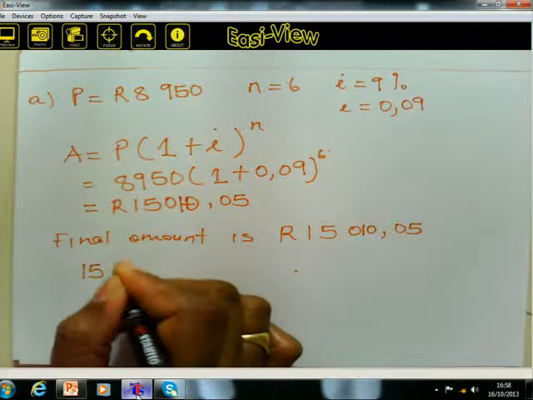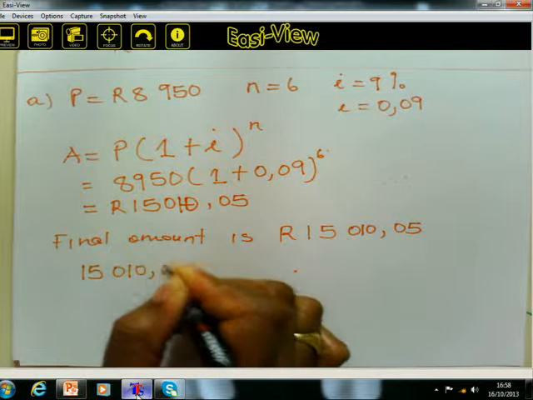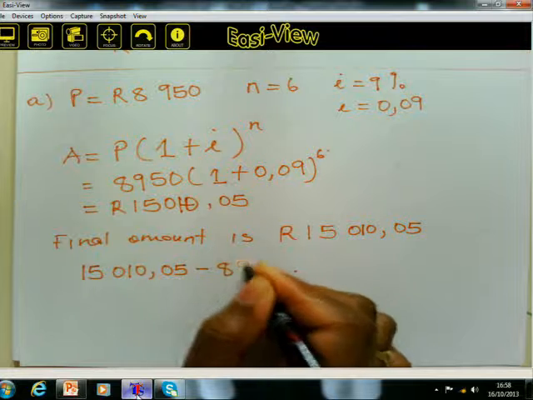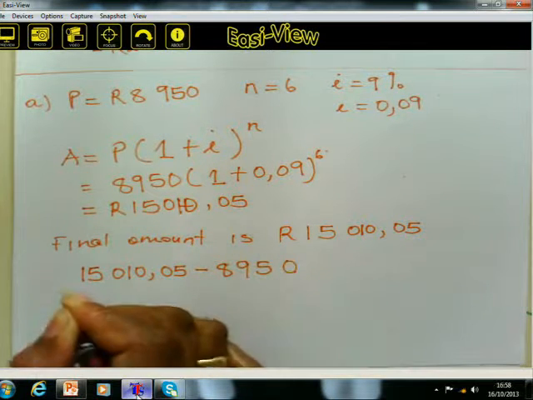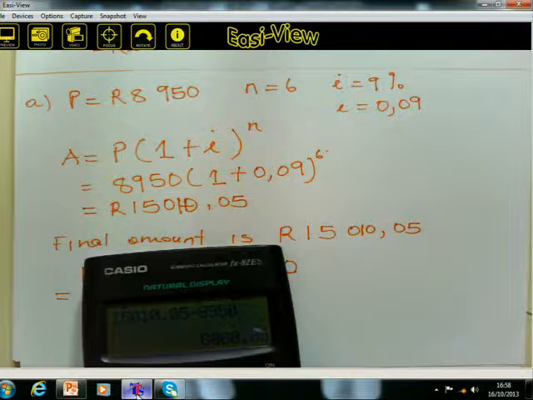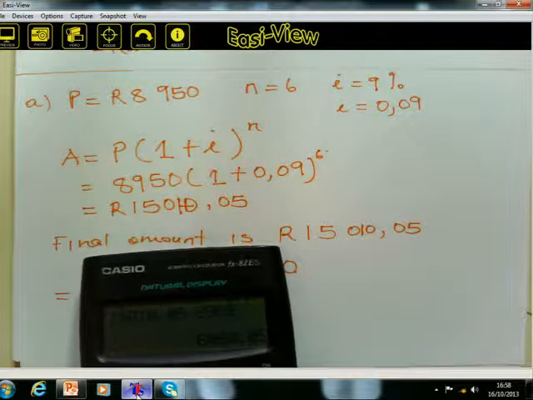At the end, we had this amount. How much did we invest? We invested 8,950. So now, how much is our interest? We're going to say 15,010 rand, 5 cents, minus 8,950, and then it gives us 6,060 rand, 5 cents.